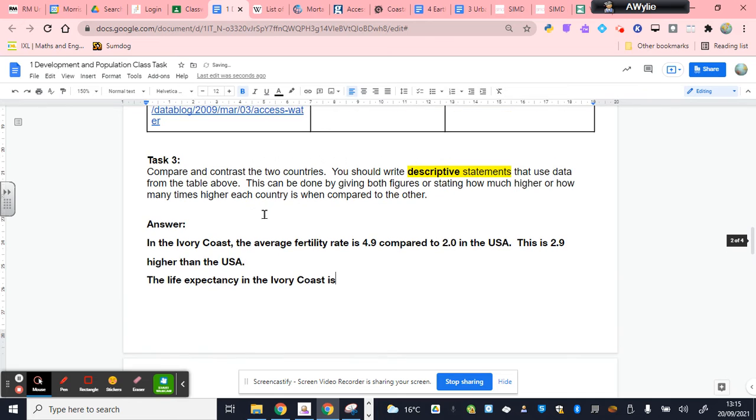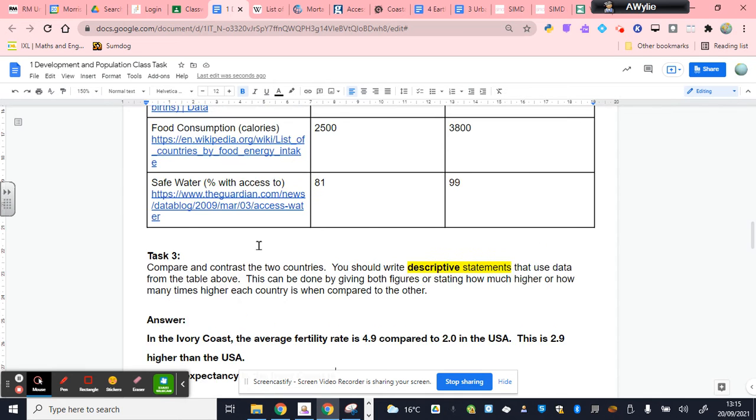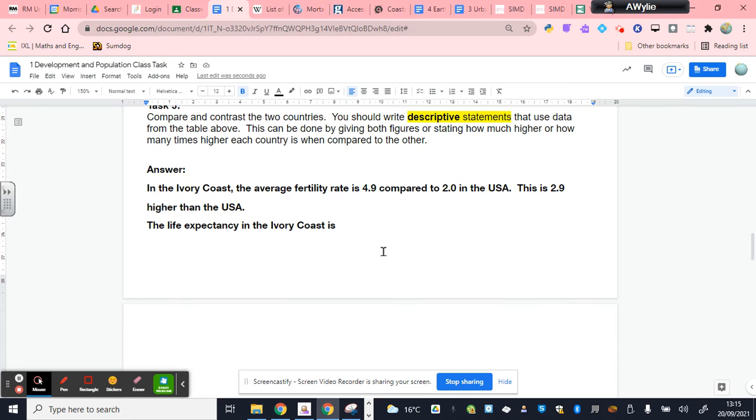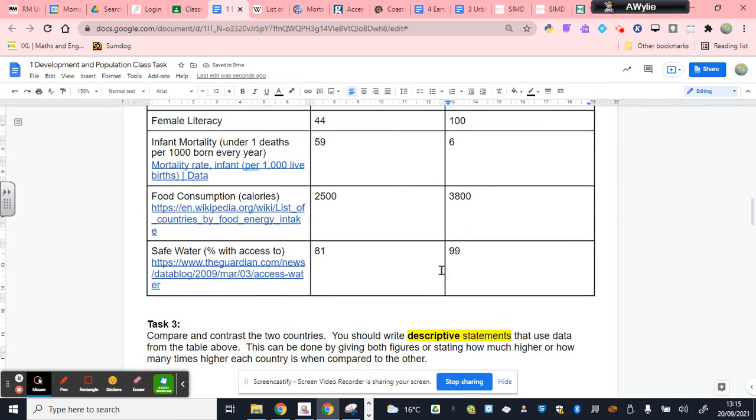Now we are being asked to give data when we describe. That's a very important part of the skill. You don't just want to say it's higher, and you actually want to say it's 52. So in Ivory Coast is 52 compared to the USA, which is, and if we look at our chart again, there we have it, 78.